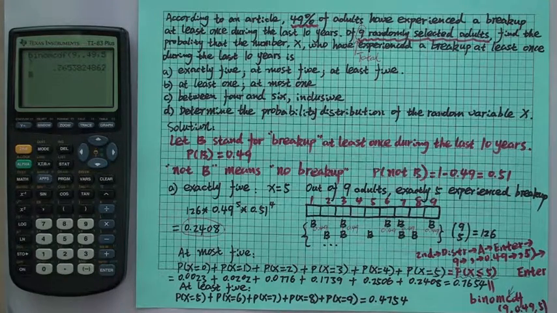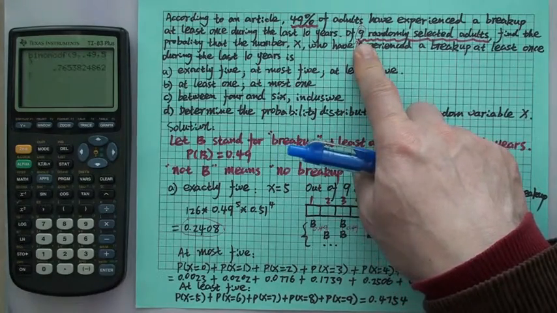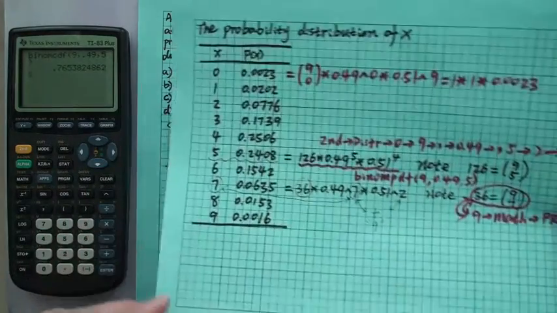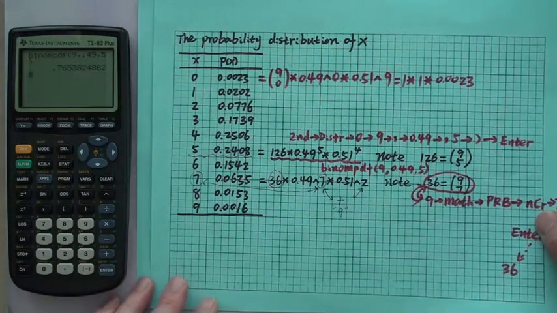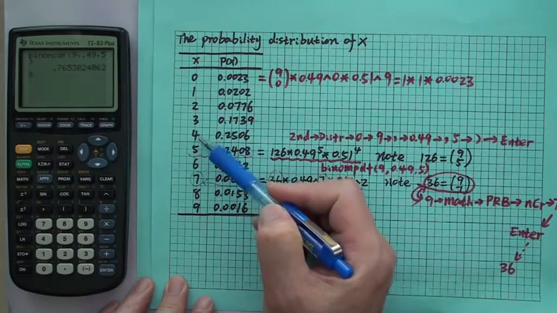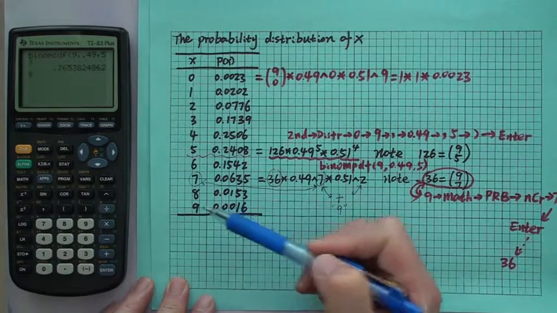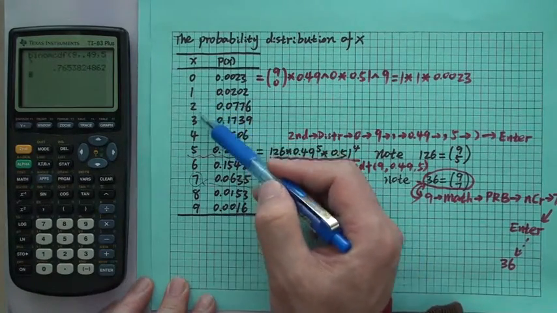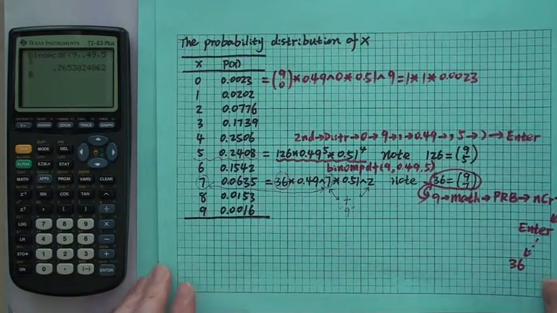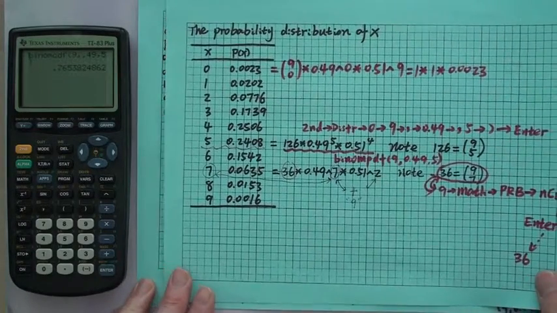From 1, 2, 3, 4 until 9. That's at least 1. On the table, at least 1 is from 1, 2, 3, 4 altogether until 9. If you add all those numbers together, it takes your time.